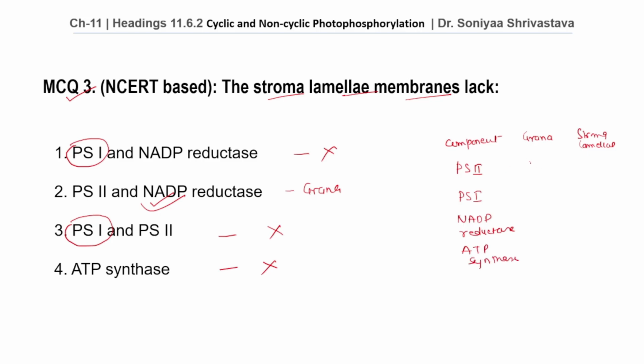PS2 is present in grana, absent in stroma lamellae. PS1 is present in both. NADP reductase is present in grana but absent in stroma lamellae, and ATP synthase is present in both. In this way you can easily remember what is present in grana and what is present in stroma lamellae.